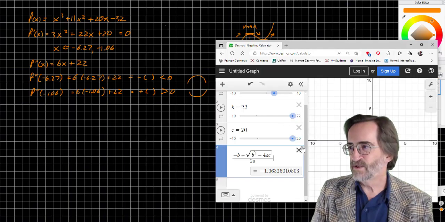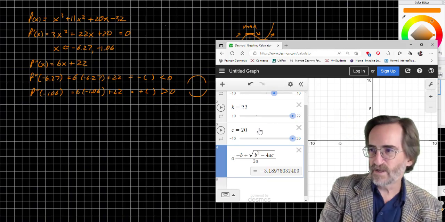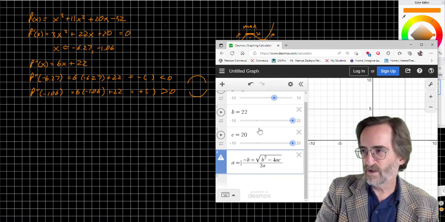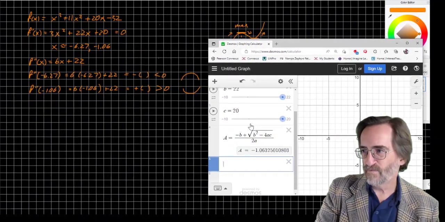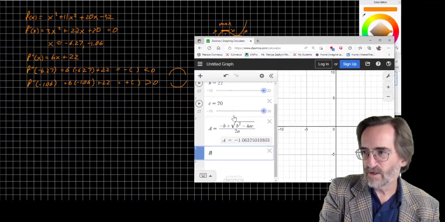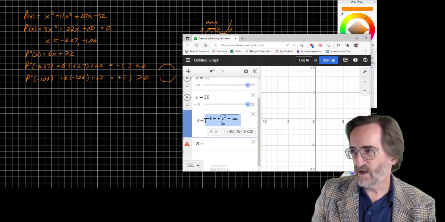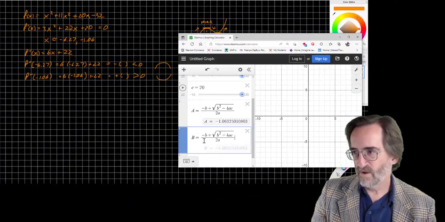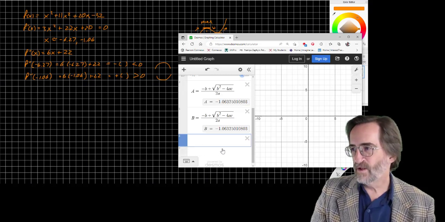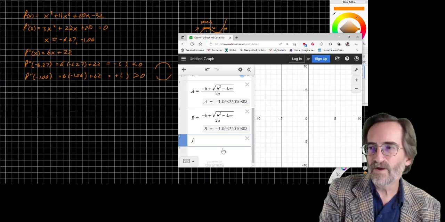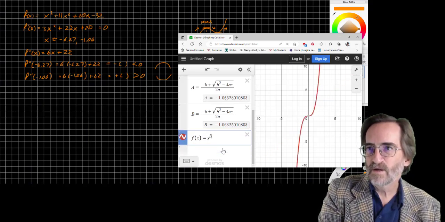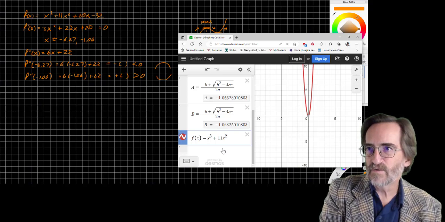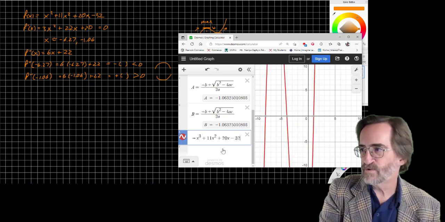So let's call this capital A equals, there we go, and capital B equals, and let's just copy this. And we'll graph f of x equals x cubed plus 11x squared plus 20x minus 32.